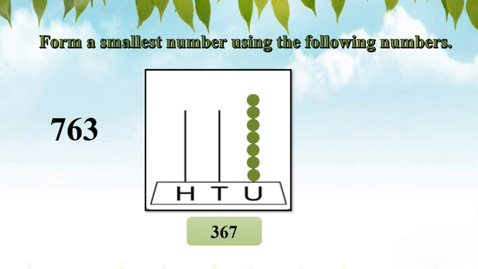And again we have to draw 6 beads in 10 spike: 1, 2, 3, 4, 5 and 6. In 100 spikes we have to draw 3 beads: 1, 2 and 3. So this means 367. I hope you understood how you can form a smallest number.